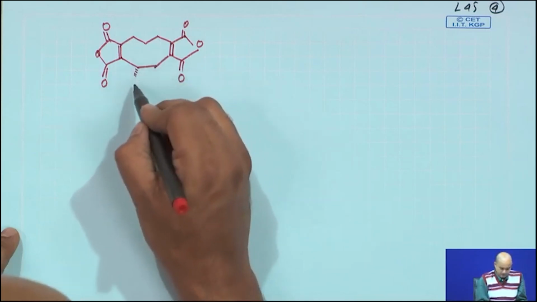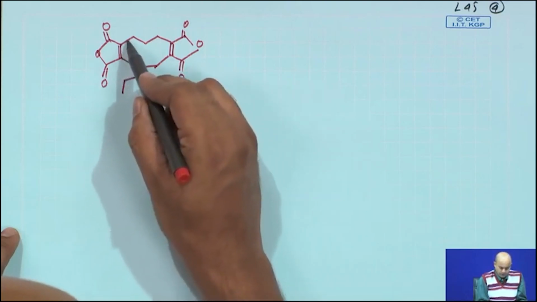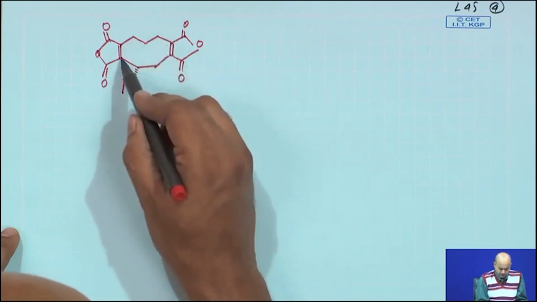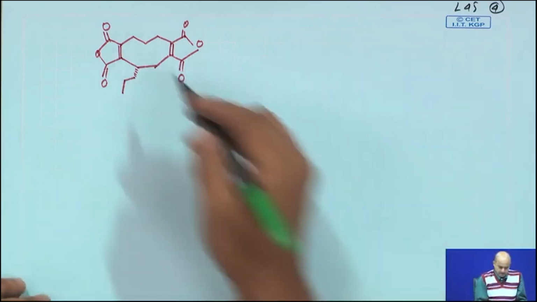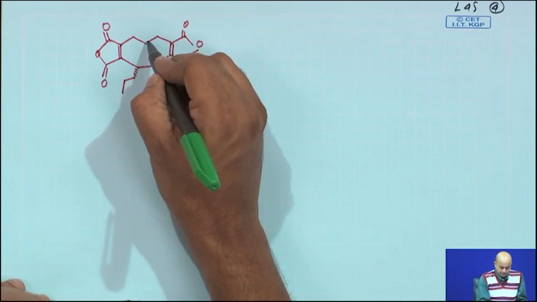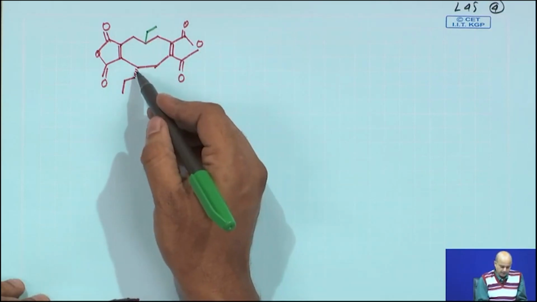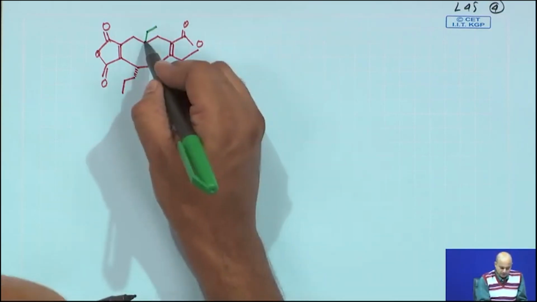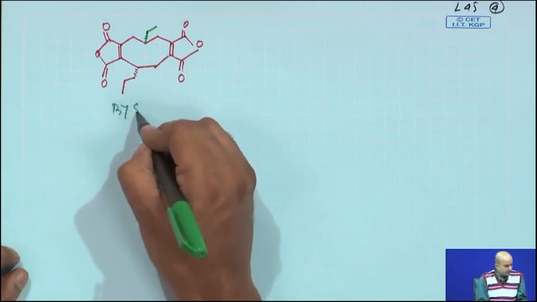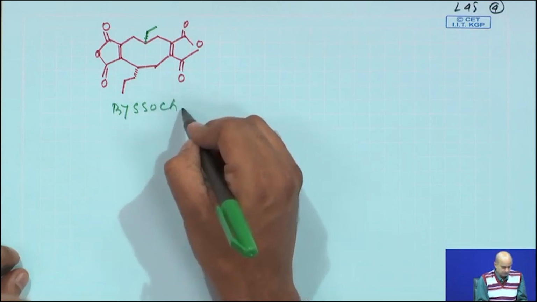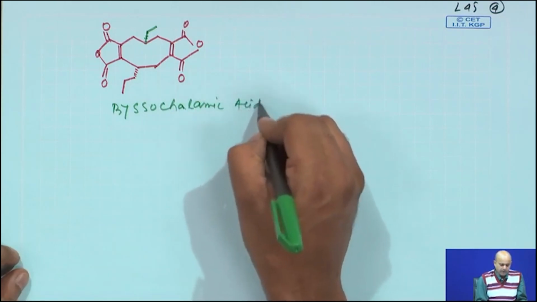The left hand part was joined with a 3 methylene bridge, and the bottom part was joined with a 2 methylene bridge. In the top 3 methylene bridge, in the center you have an ethyl functionality, and in the bottom you have an N propyl functionality. The stereochemistry was there, but we did not discuss the stereochemistry. Now, this is a natural product whose name is bisocalamic acid.